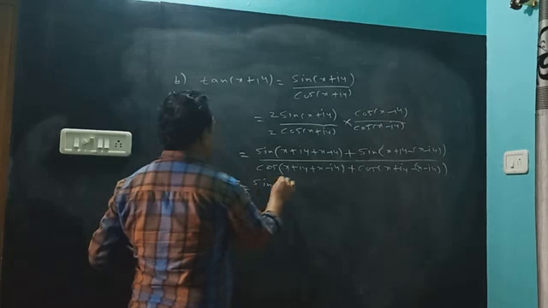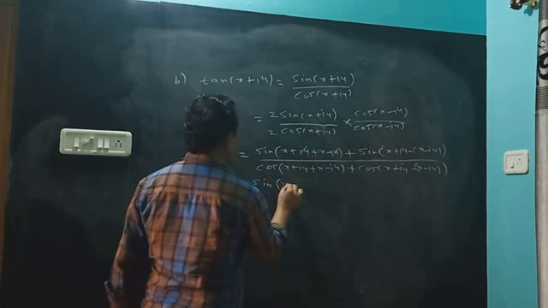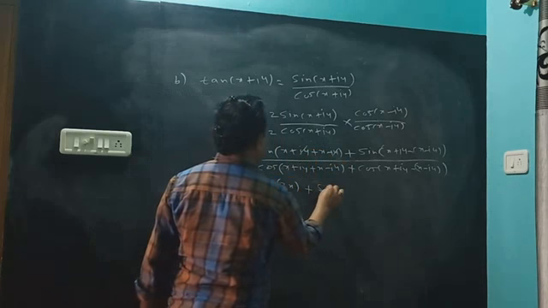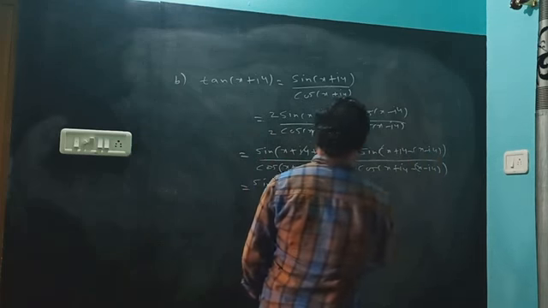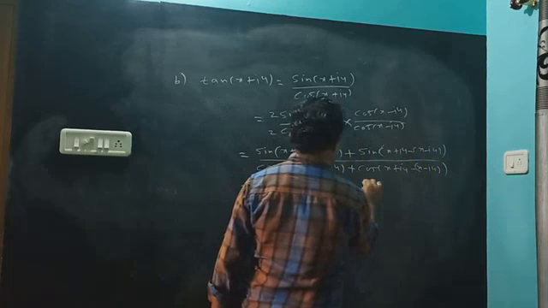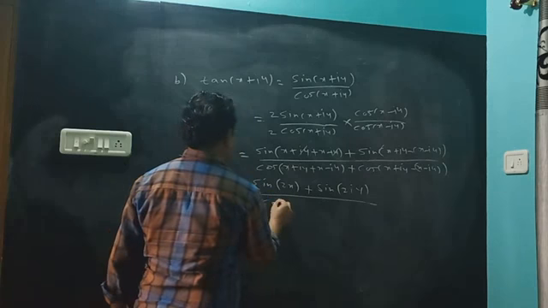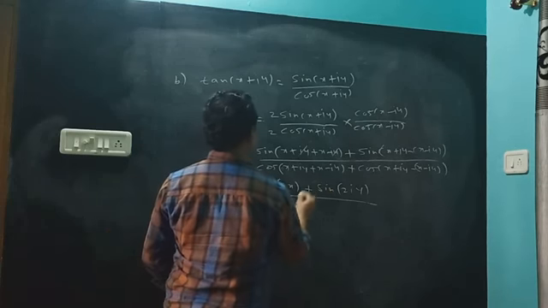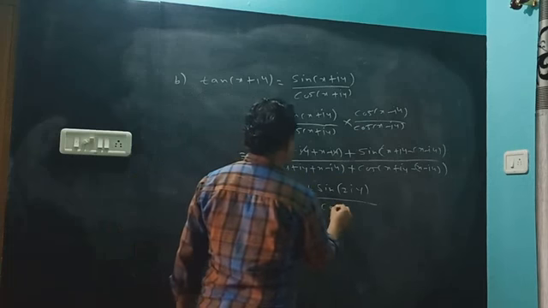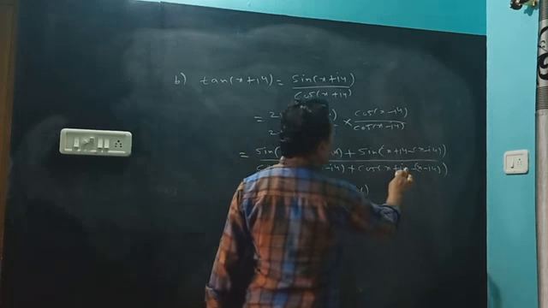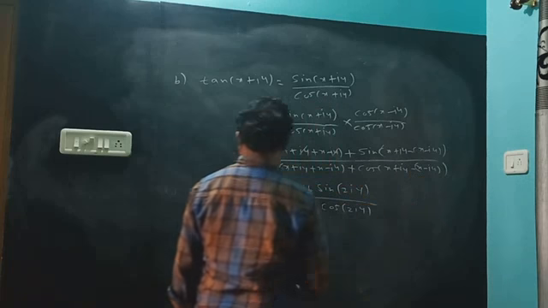So see how much sin now: iy, 2x, sin 2x. Here x is cancelled, iy plus iy is 2iy, if you open the brackets. Here cos of x plus x is 2x, iy cancels, cos of x is cancelled, iy plus iy is 2iy.